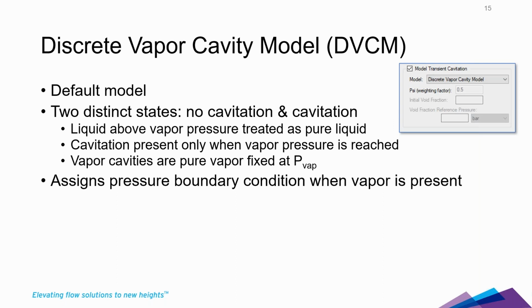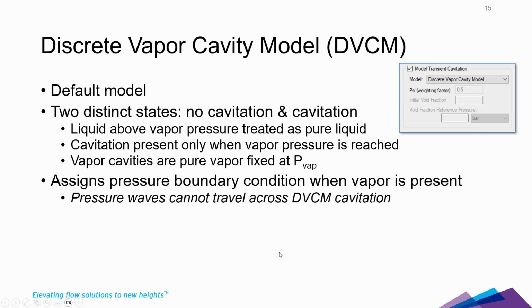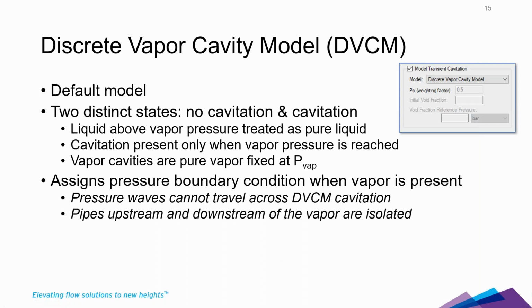When that pressure is a boundary condition, it's going to reflect pressure waves. So waves will not pass through a vapor cavity with the DVCM model. It's only going to reflect them. So pipes upstream and downstream of wherever your vapor cavities are happening are going to be isolated from each other.